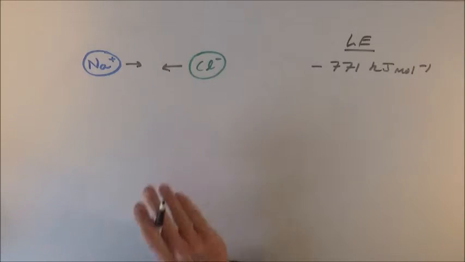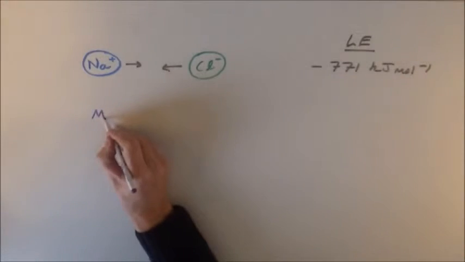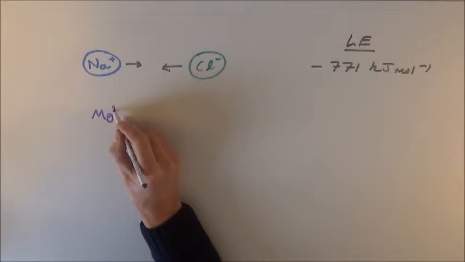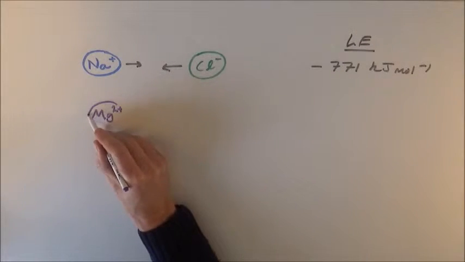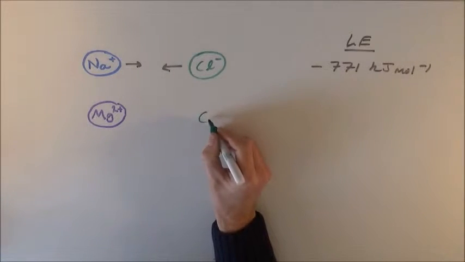So if I take, for example, magnesium chloride instead, if I draw a Mg2+ ion, and I compare that with sodium chloride, so here's a chloride ion.